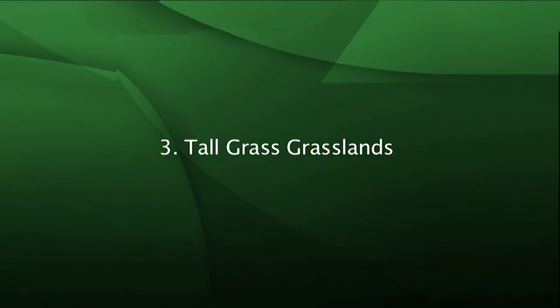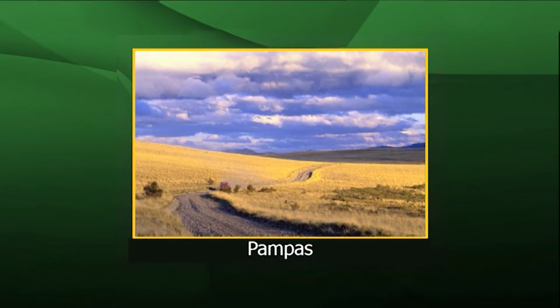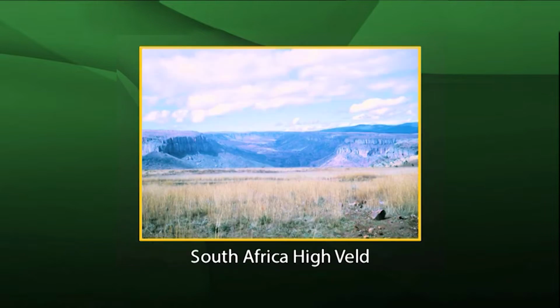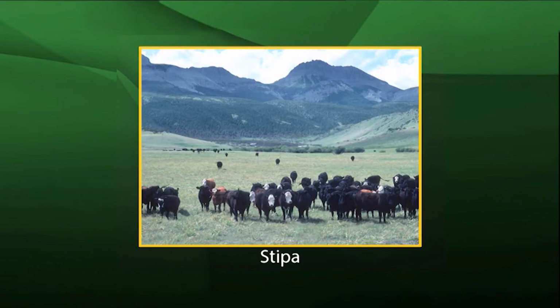Now, tall grasslands, prairies in North America, pampas in South America, high veld in South Africa are good grazing lands of blue stem grasses, stipa and wheat grasses. Climate is temperate with 50 centimeters to 100 centimeters rainfall.